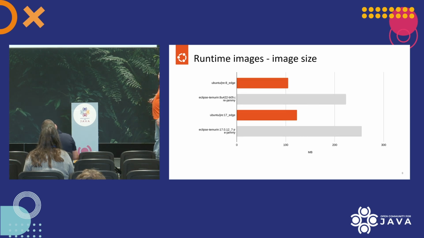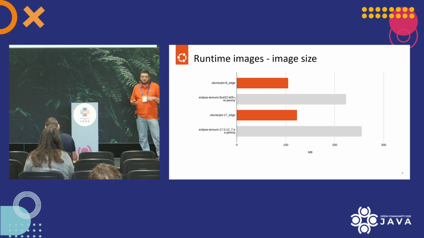So if you compare the size, it's basically half the size of Eclipse Temurin based on Jammy, so comparing apples and apples. And if we are comparing with minimal images based on Alpine, we are just slightly smaller. I didn't put it on the slide, I apologize, but the comparison is something like 108 megabytes for Ubuntu JRE, and 113 for Amazon Corretto Alpine-based.